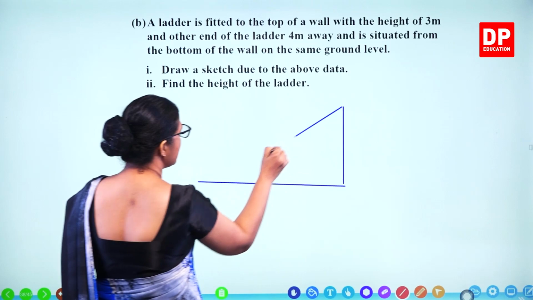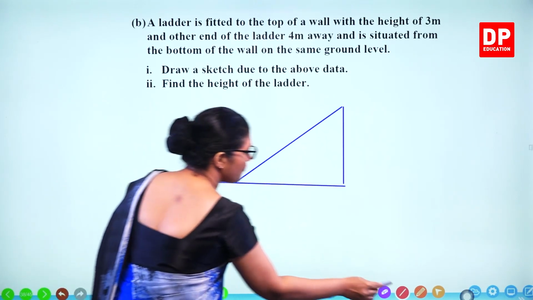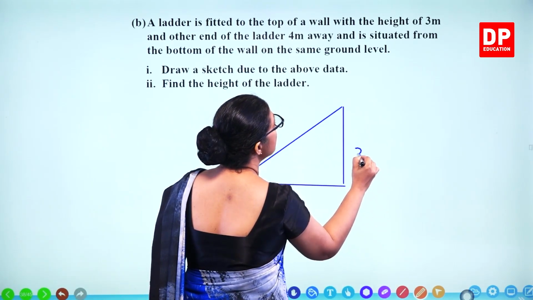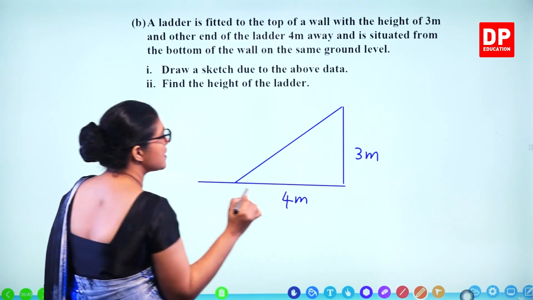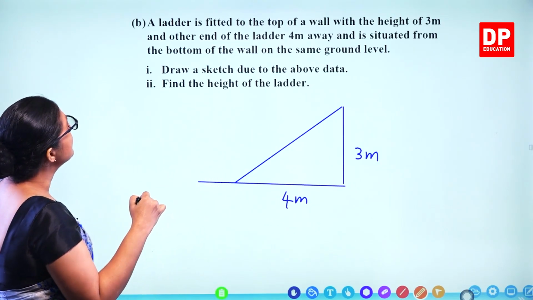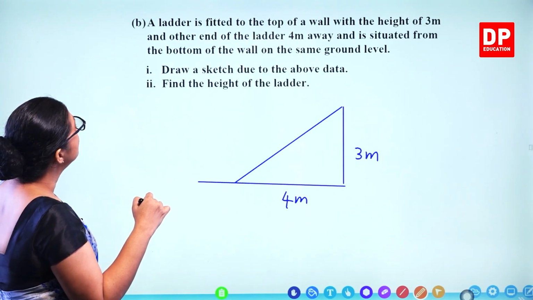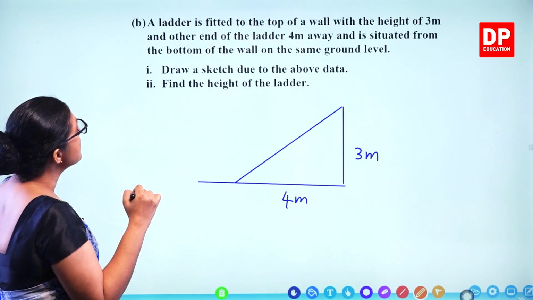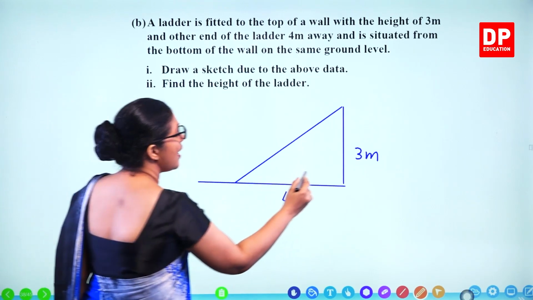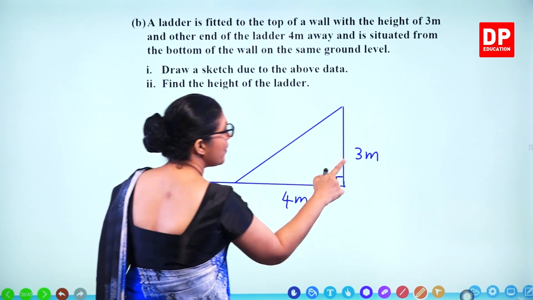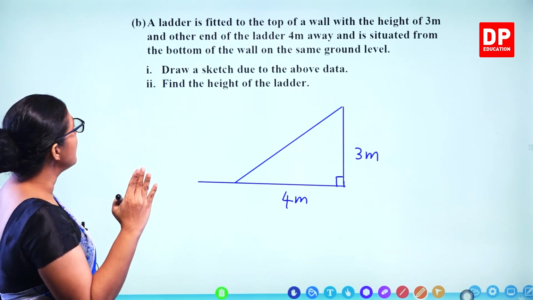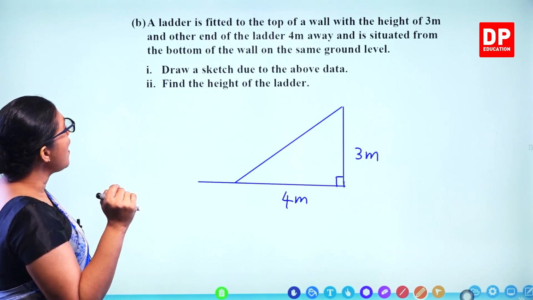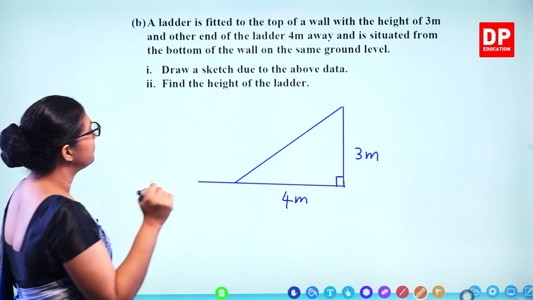So that means 3 meter height wall and here to here, that's 4 meters. So this is the ladder. Draw the sketch. So that's 90 degrees you have to do because wall and the ground we normally say that's perpendicular, 90 degrees. Find the height of the ladder.